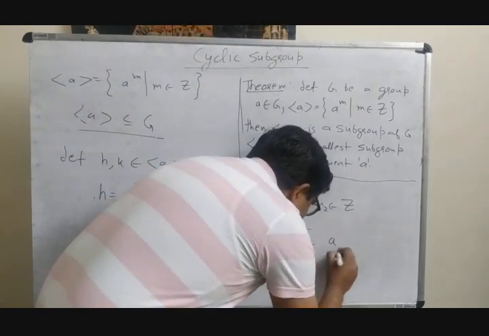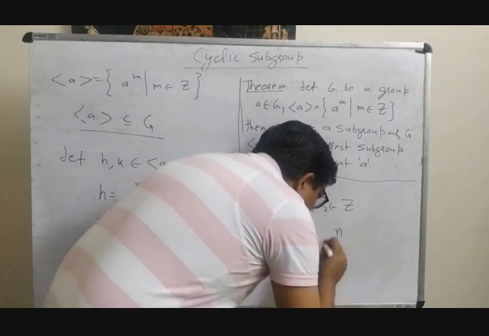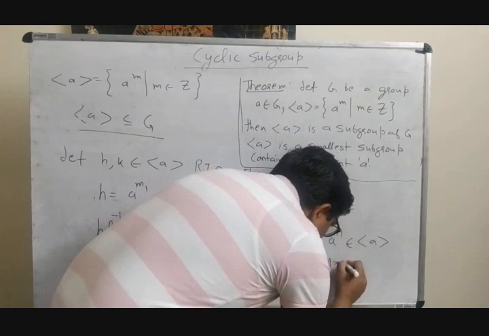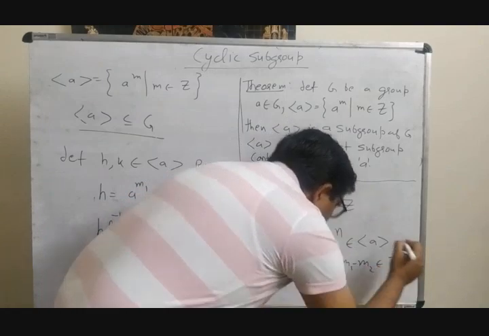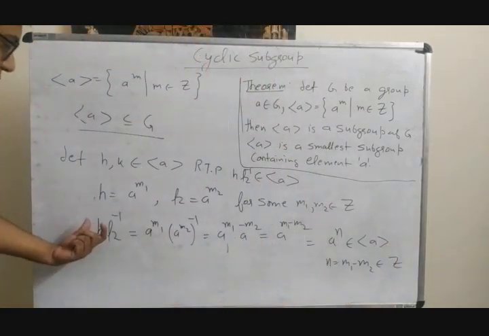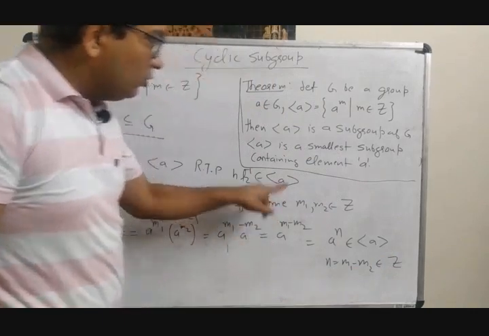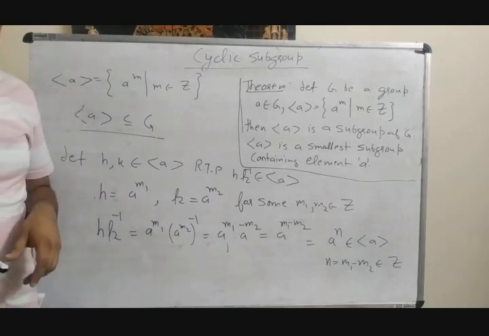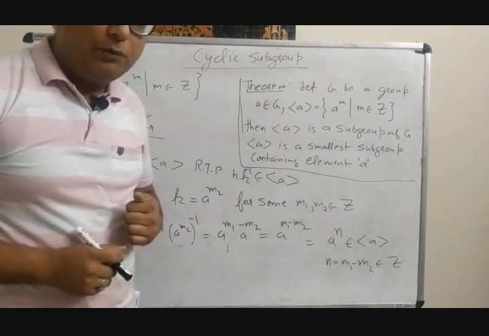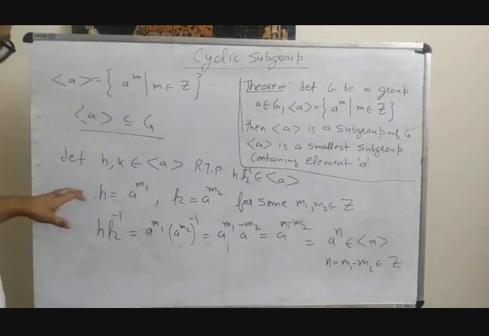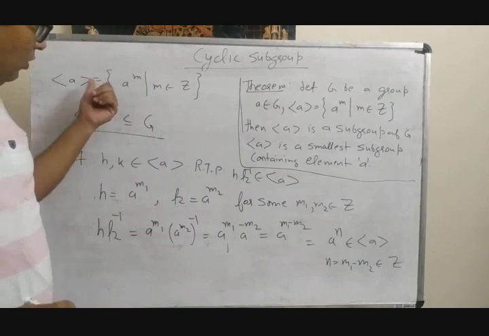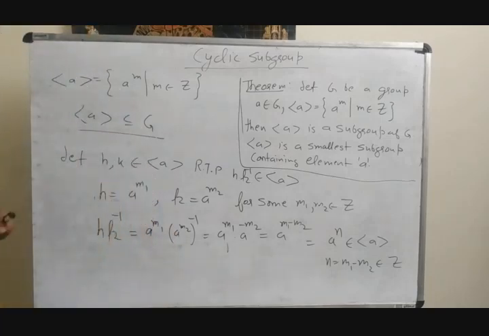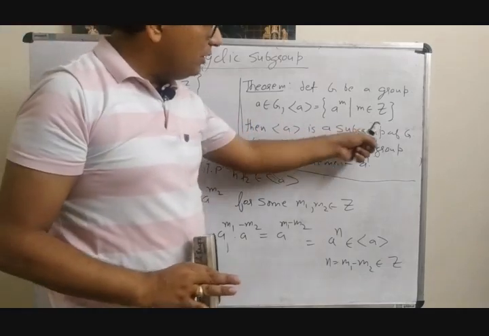So let us write it as a raised to power n, and a raised to power n belongs to this set, the reason being n equals m1 minus m2 belongs to Z. So we proved that this element belongs to this set, and therefore this set becomes a subgroup of G. This was quite easy: we took two elements h and k of the set and proved that h k inverse belongs to the set. In the first part we proved that this forms a subgroup of G.